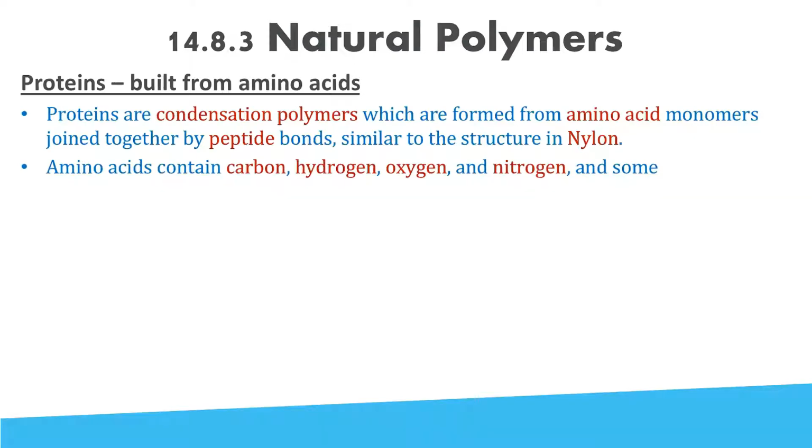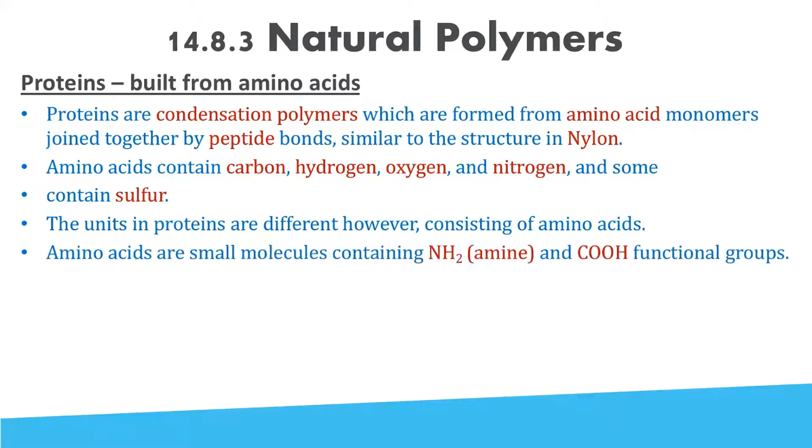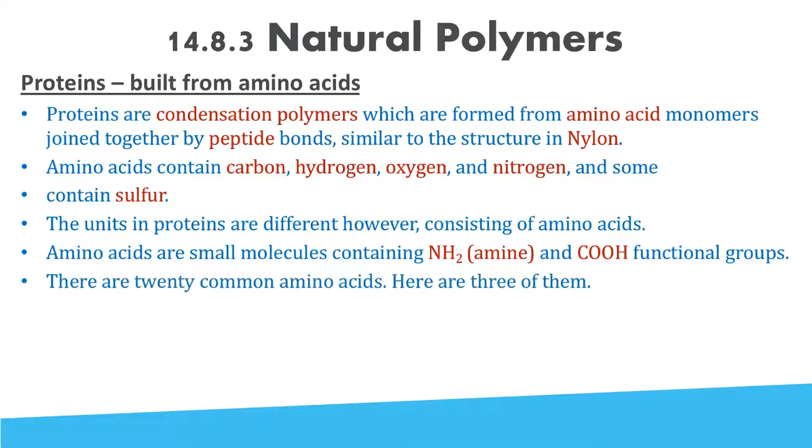Like carbohydrates, proteins are also made up of carbon, hydrogen, and oxygen. But in addition to that, they contain nitrogen and some contain sulfur. An amino acid contains an amine, which is NH2, and COOH, the carboxylic acid or carboxyl functional group.